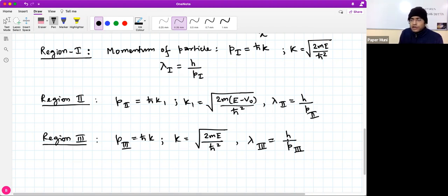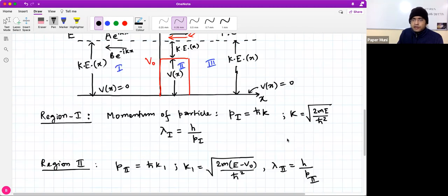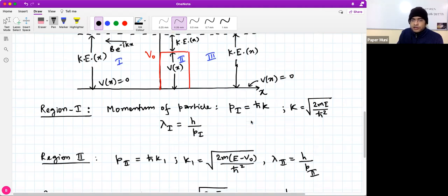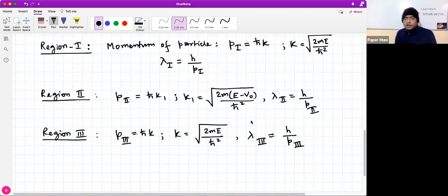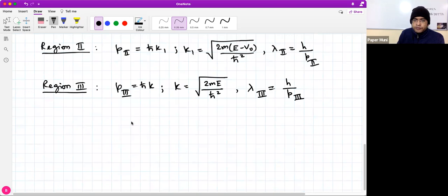Now somebody would argue that in this case the acceleration is infinite, because it's happening instantaneously here, but that's not the case with real potentials. There will be a gradual increase or decrease in potential and momentum, so you need not worry about it.